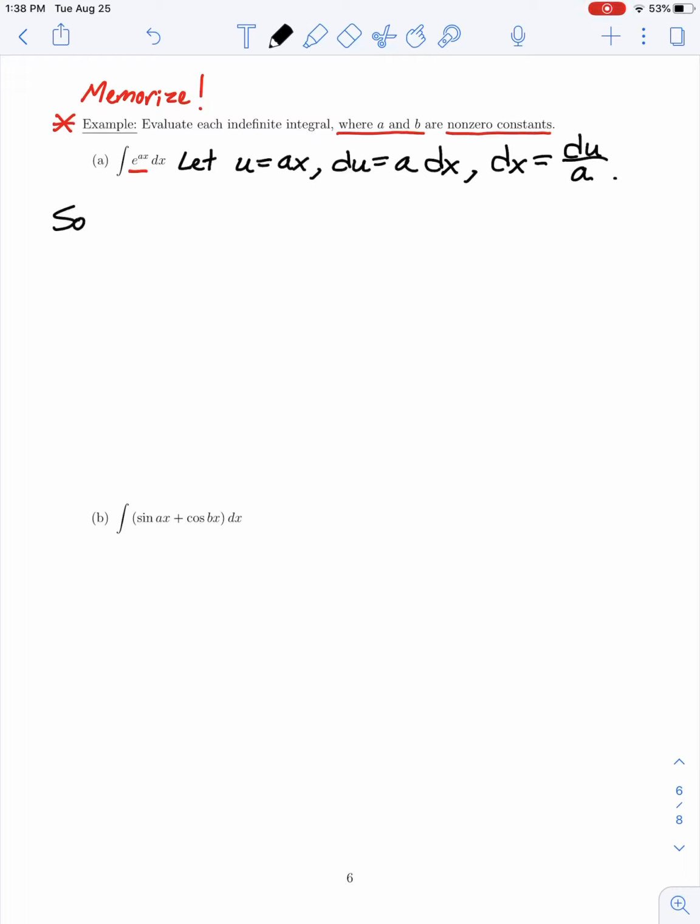Looking at our integral of e to the ax dx, we can rewrite this in terms of u as follows. So we would have the integral of e to the u, and the differential dx on the end, we've said is equal to du divided by a.